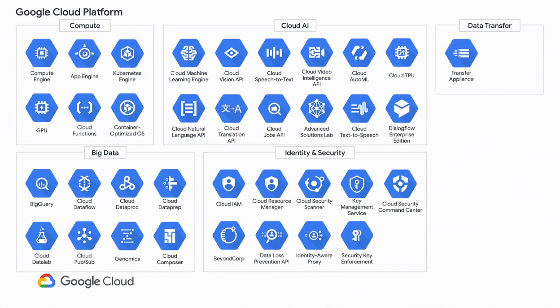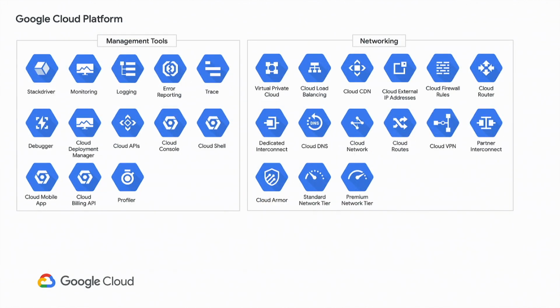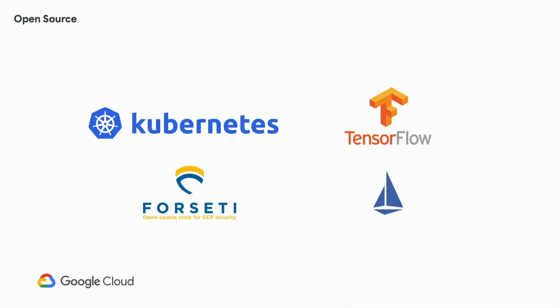Let's get started. First of all, there are tons of GCP products. We have compute, storage, big data, AI, management, networking, and open source tools. And there will be more and more products coming. In the keynote just now, last year alone, we launched more than 100 products and new features.